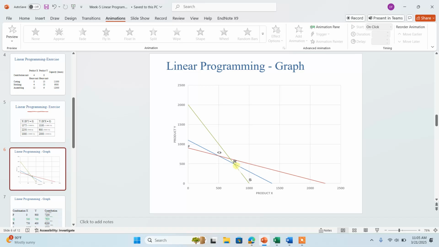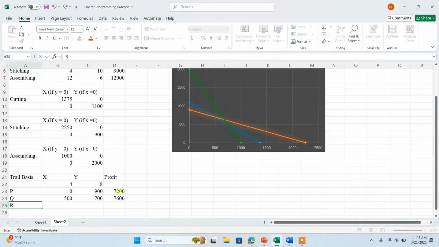On R, you see that we have 700 of the X and 400 of the y.